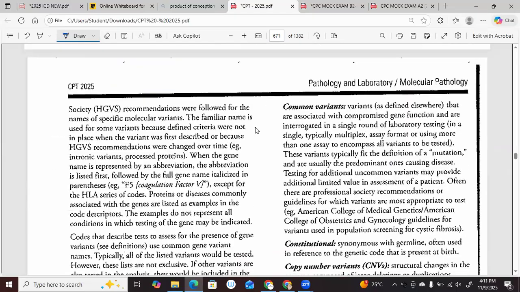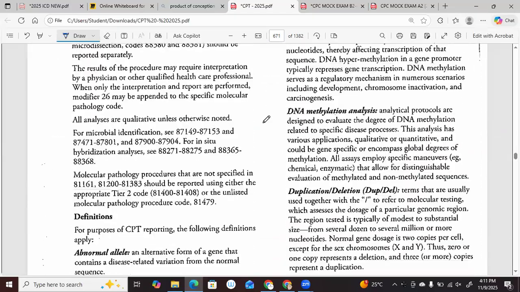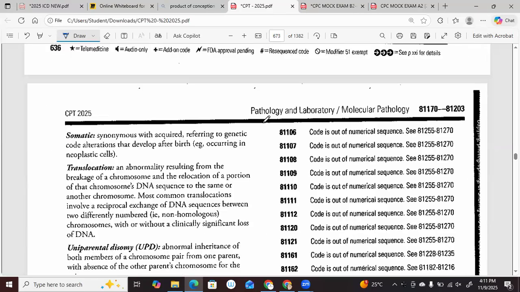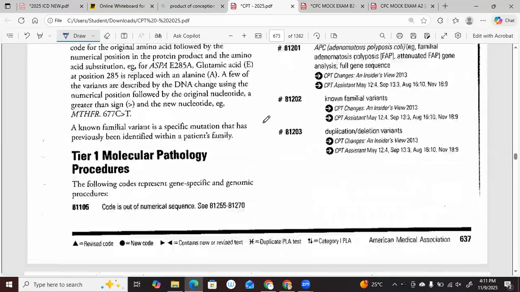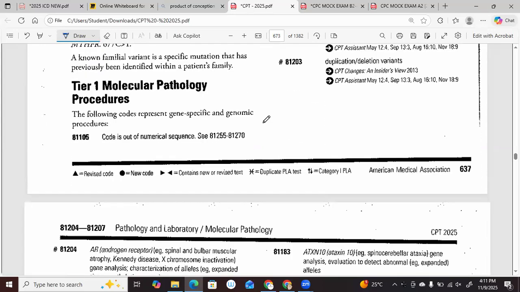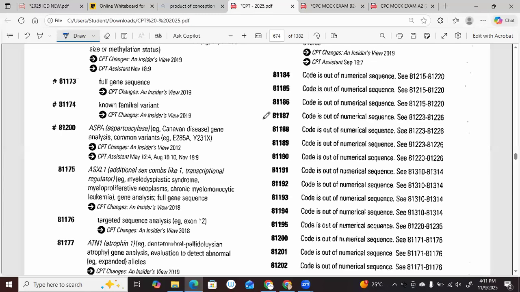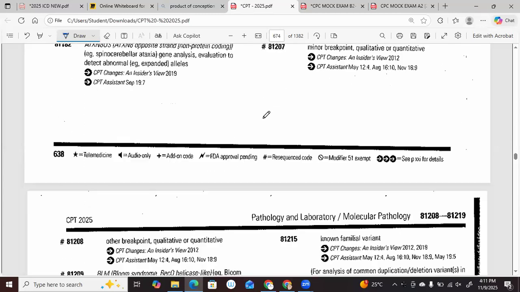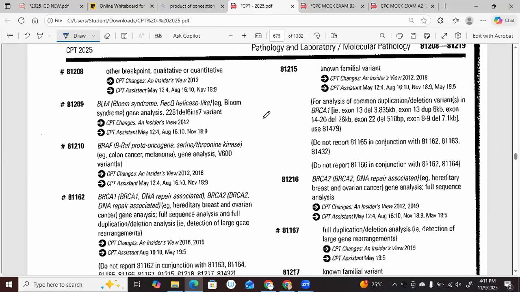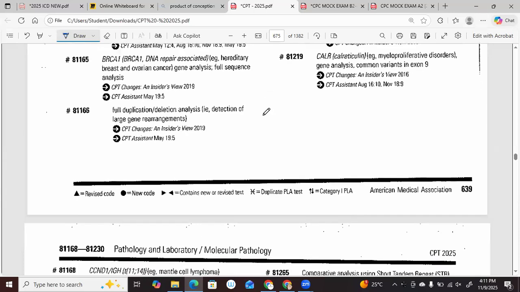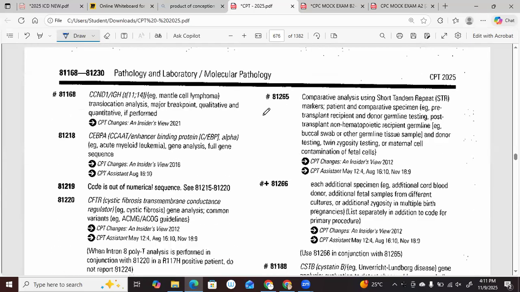So let me pull this code for your reference. Okay.